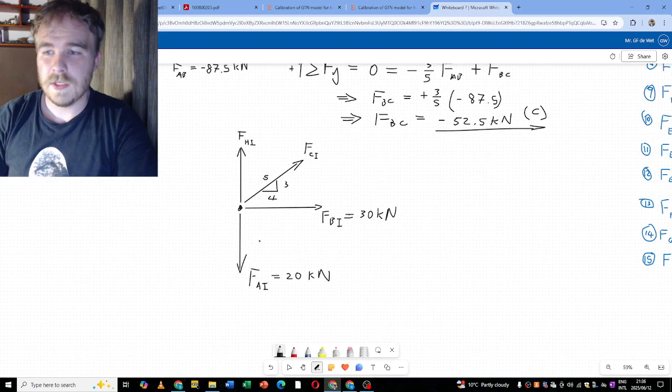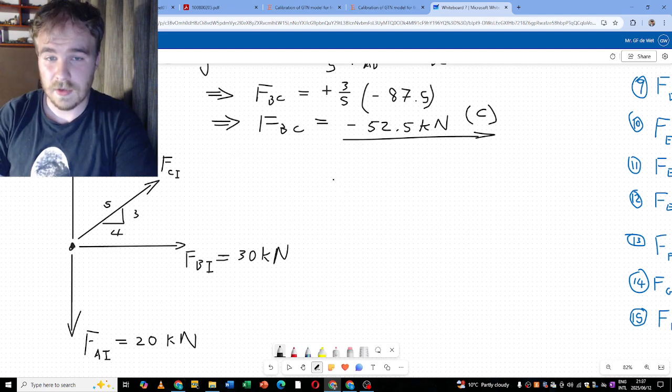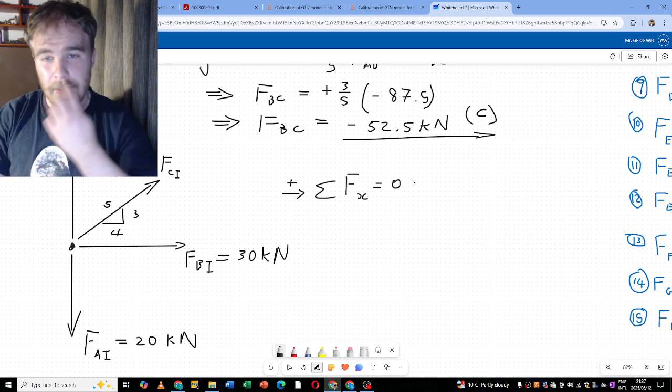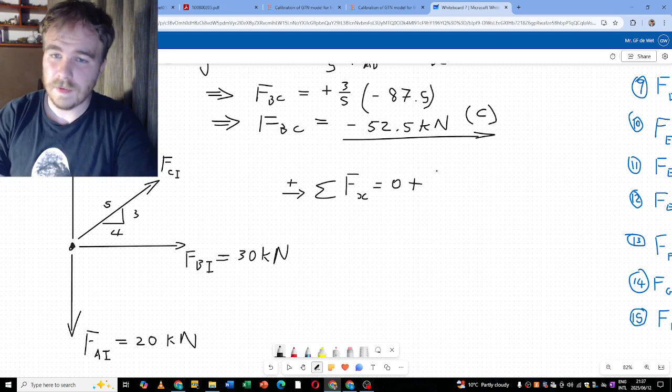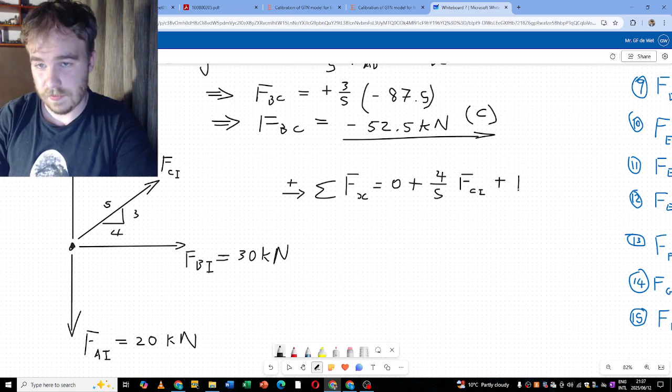Okay, let's start with sum of forces in the x direction, because I see that we have only one component of FCI in that direction. So sum of forces in the x direction is equal to 0, and we're going to add 4 over 5 of FCI plus FBI.